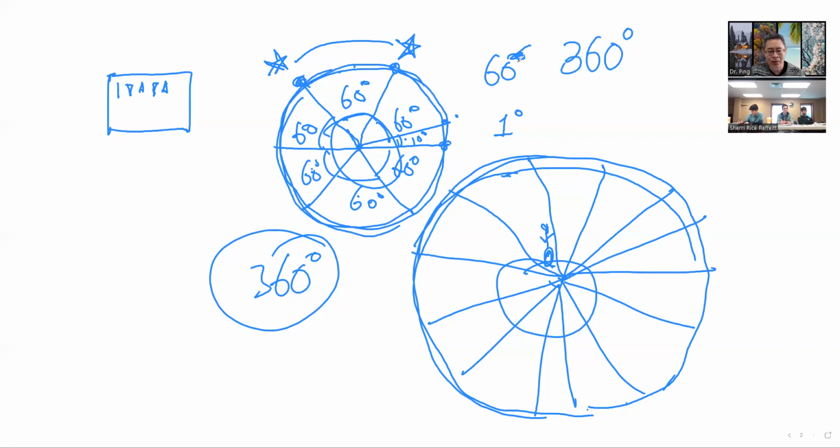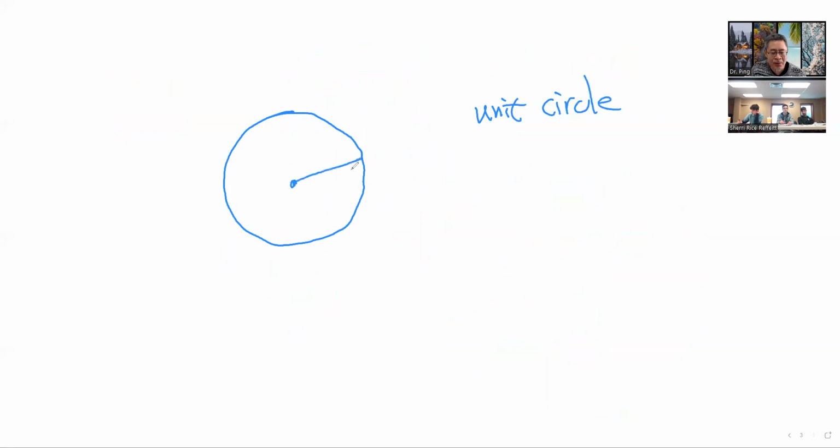That's called degrees. Then about 600 years ago, the Europeans found another way to measure an angle. It's also based on a circle, but their circle is called the unit circle, which means the radius is one unit.